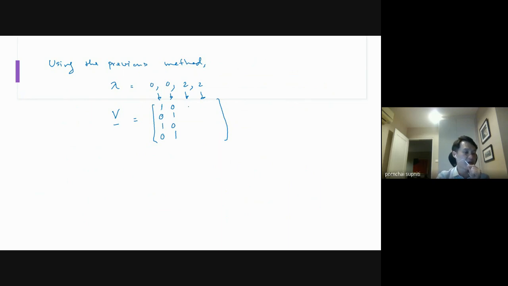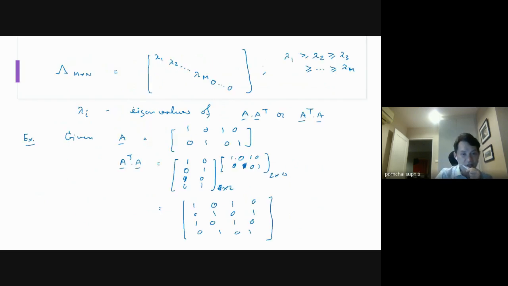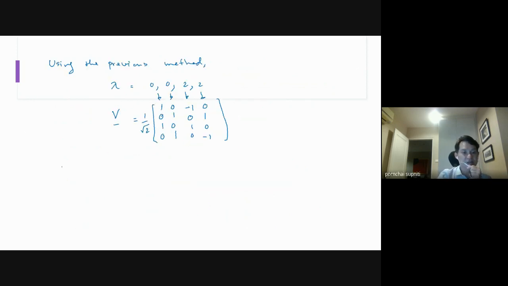And then for eigenvalues of 2, I can choose something like this, and then I choose the ones that are orthogonal. Okay. Because they have free variables, so we can do this. So this V you can choose. Okay. And similarly, so let's call this part I. Okay. So this is what we get as V.